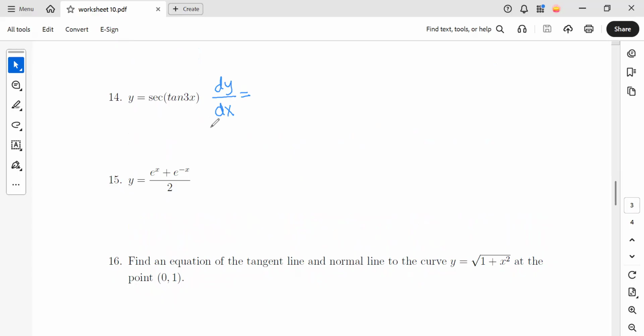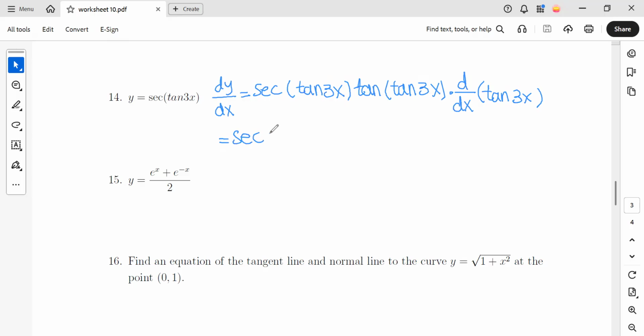We have secant of tan 3x. So we would write secant of whatever we have times tan of whatever we have times the derivative of the inside, which is the derivative of tan 3x.